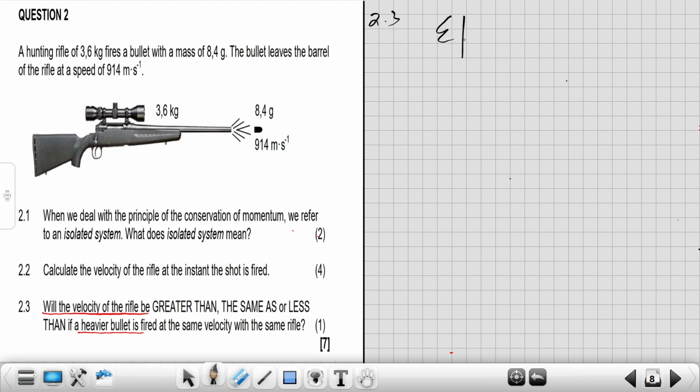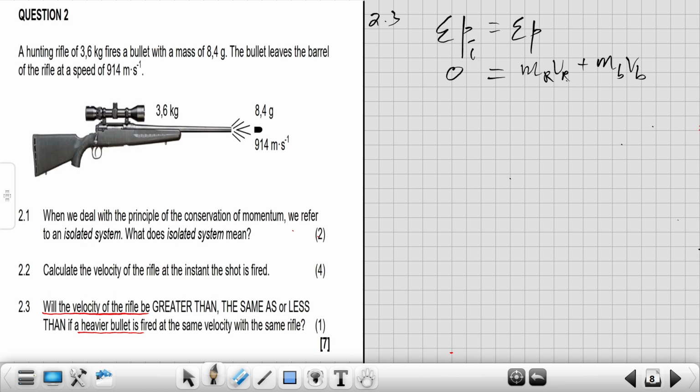The change in the sum of momentum before equals the sum of momentum after. But we did say this will be 0 because it's an explosion. So I'm going to have M of the rifle, V of the rifle, plus M of the bullet and V of the bullet.